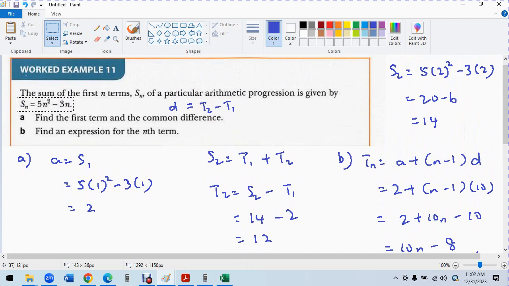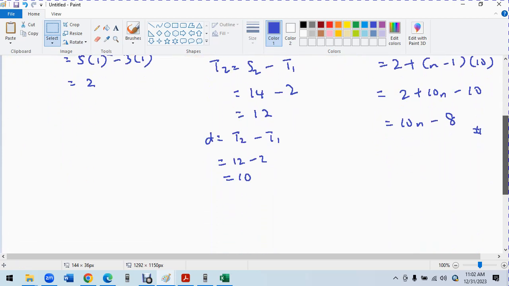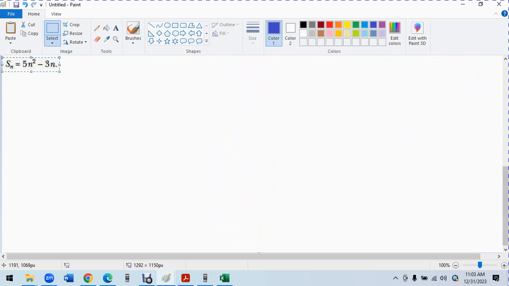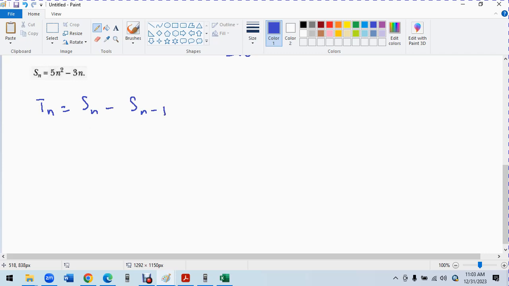But this method has one weakness, because a and d are found by yourself. If you make a mistake and find the wrong value for a and d, then Tn is wrong. So the proper way, another way which is more complicated, to find Tn is Tn equals Sn minus Sn minus 1, because we have t1, t2 until tn minus 1 and tn.